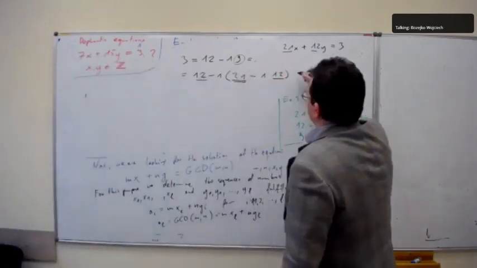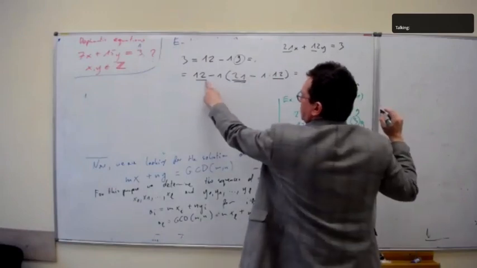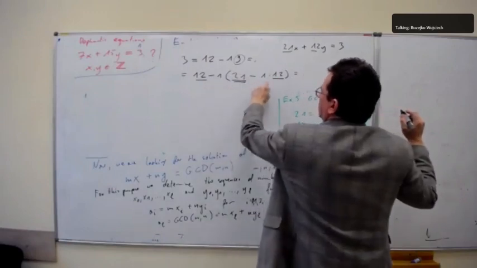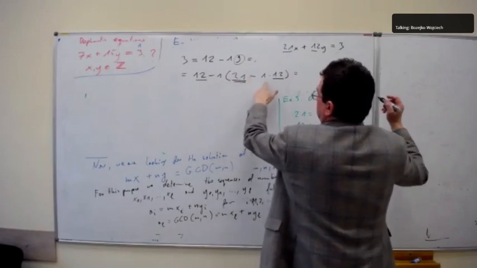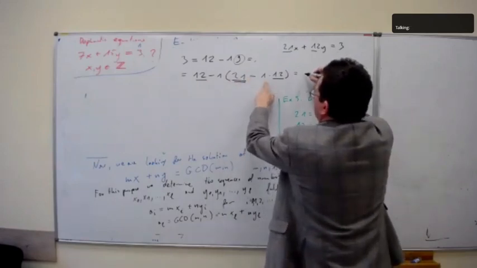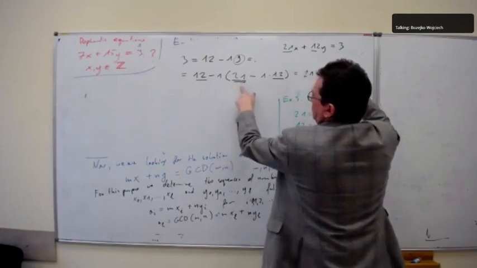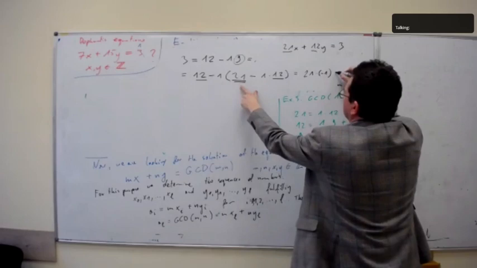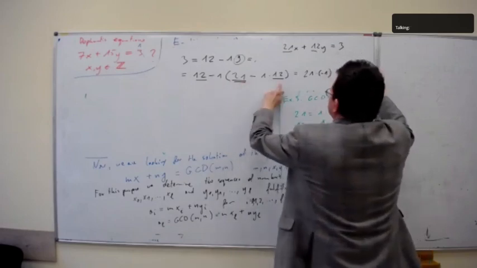So now, making the order, we obtain this. Here we have 12, and here we have minus and minus, so this is plus. So in fact, this is 21 times minus 1 plus 12 times 2.